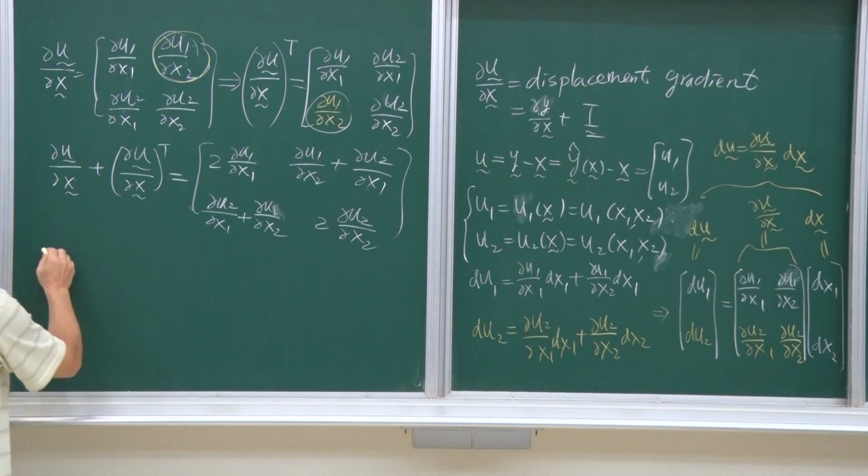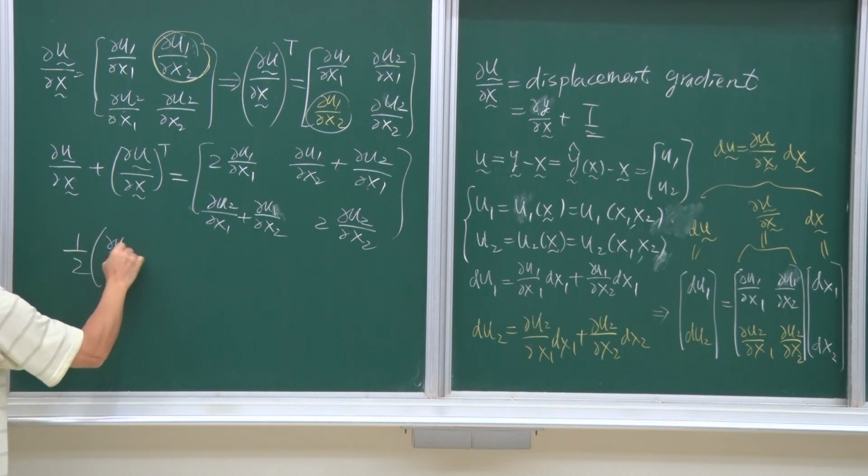As a result, we have 1/2 partial u partial x.